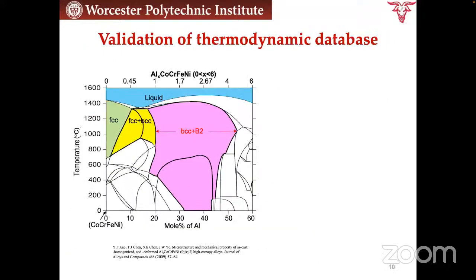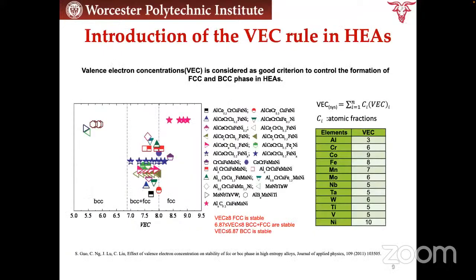So for the high entropy alloy, a very important concept is what people have proposed on this VEC rule. VEC is about the valence electron concentration. Essentially you can count how many valence electrons each element has, and then you just count those numbers, and that will be the VEC number for each element.